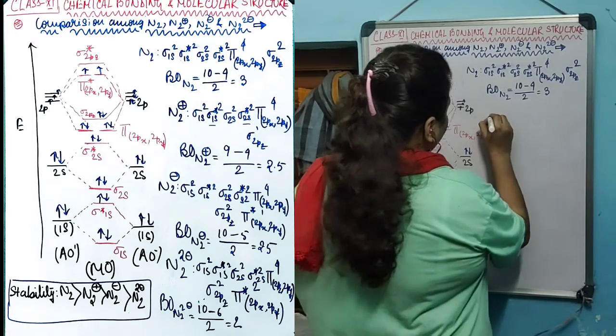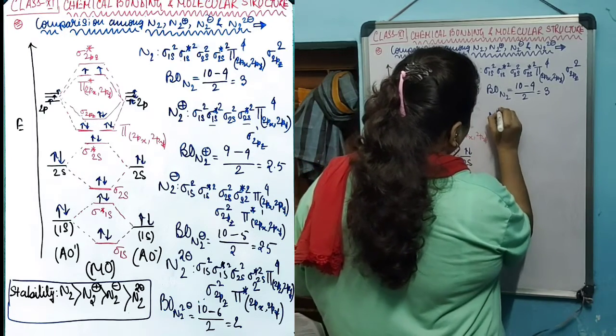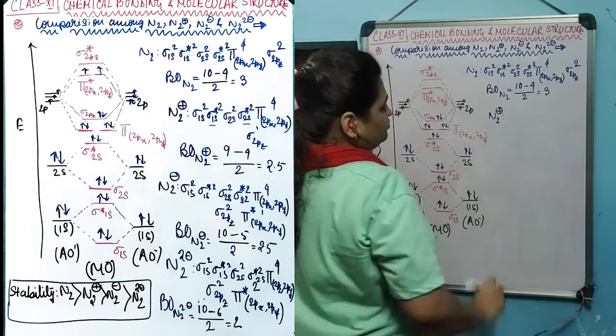Let's try to construct the energy level diagram for the N2 plus species.